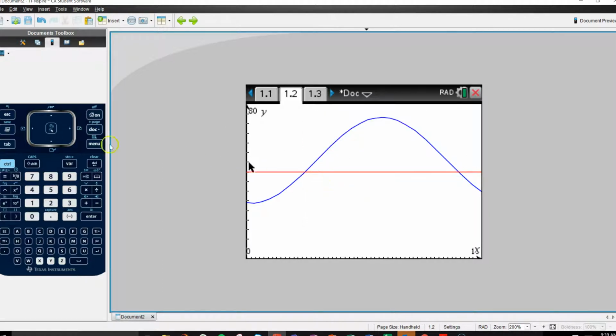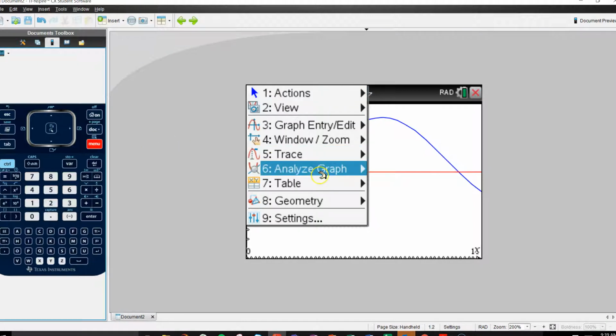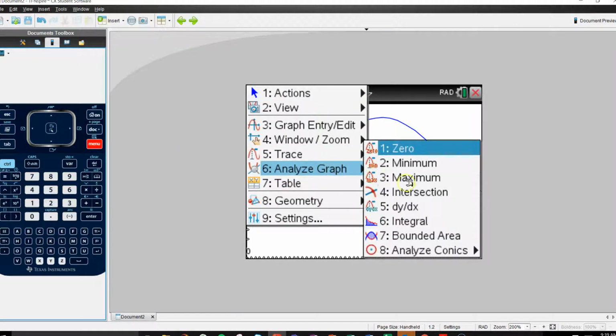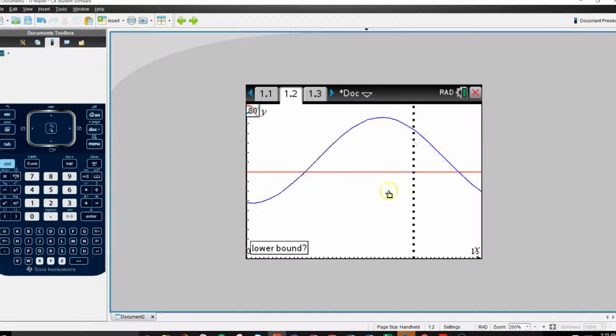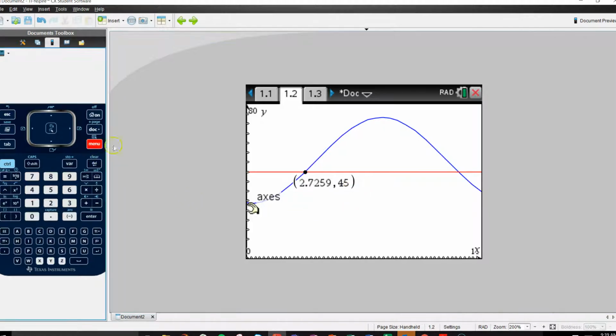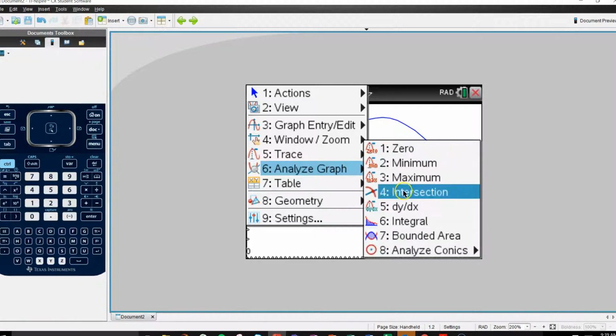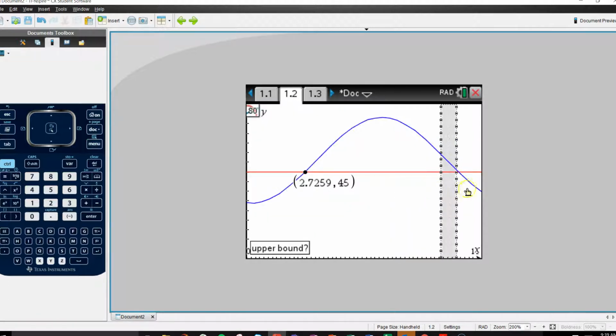Okay, so in order to do that, I'm going to go to Menu, Analyze Graph, and Intersection, and then you get this dotted line where you can move. Go to the left of this point, and then to the right, and it'll pop up. So it gives me my t value and the temperature that it's plotted at 45. And I need to do this again for the other point, to the left and to the right.